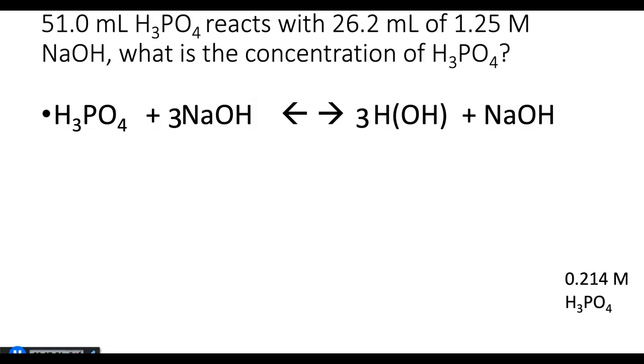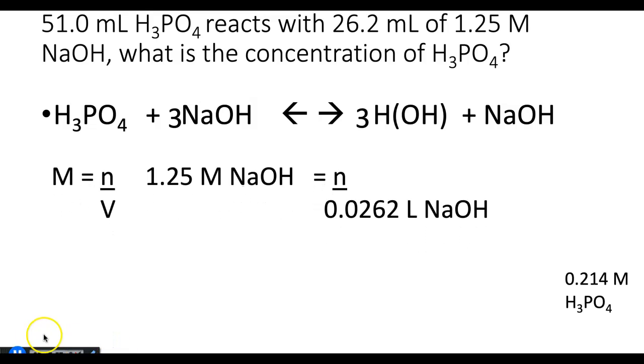We know about the base, so we're going to use that base and what we know about it to figure out the number of moles of the base. We're going to do that using the molarity equation. Remember, when you're using that molarity equation, you've got to convert to liters.